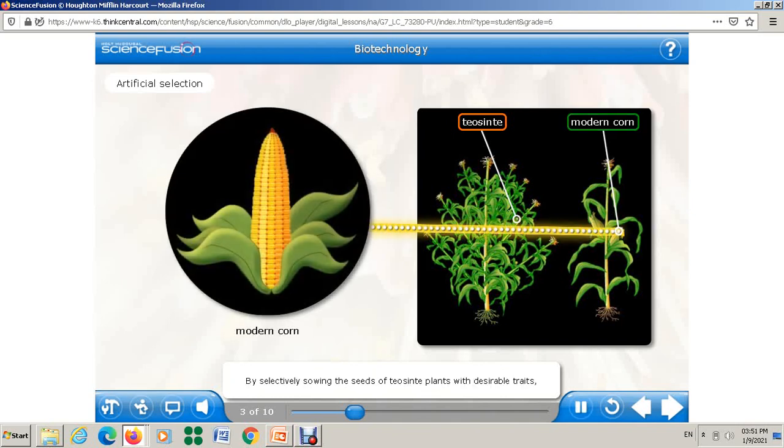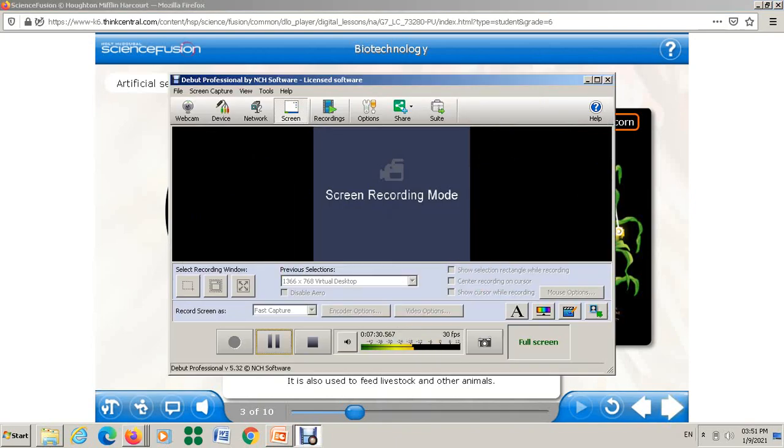By selectively sowing the seeds of teosinte plants with desirable traits such as more and larger seeds and taller stalks, it gradually developed into modern corn. Today's corn produces large multi-rowed ears filled with large kernels. It is used by people around the world as food. It is also used to feed livestock and other animals. So this is the first application of biotechnology.